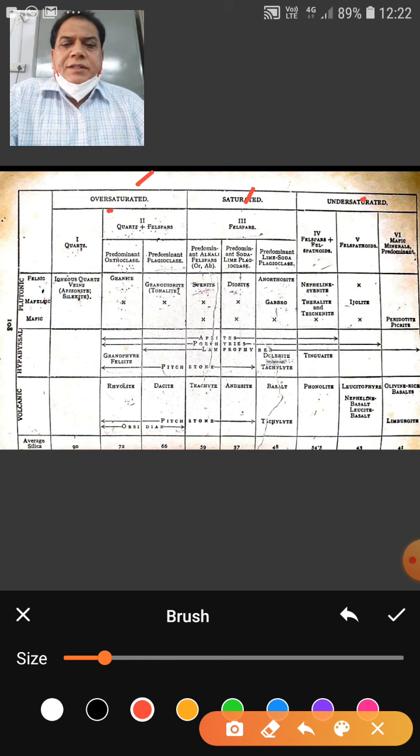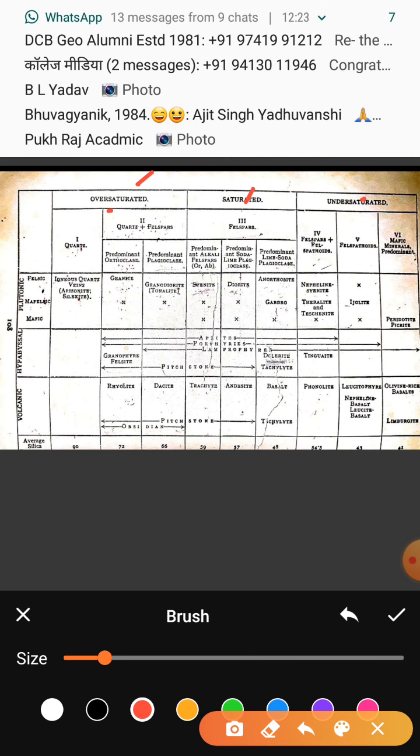The last category I would like to mention here, only the ultramafic rocks are mentioned, meaning only the mafic minerals are dominating, felsic minerals are not there. And you know the rock names are dunite, peridotite, pyroxenite, they are the plutonic rocks, and komatiite, they are the volcanic rocks.